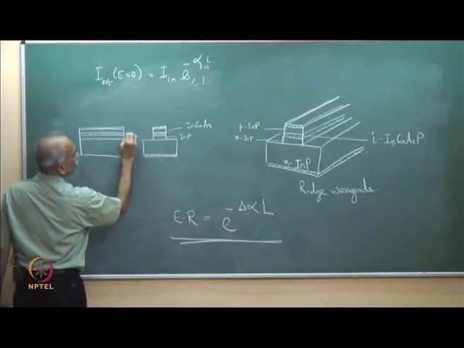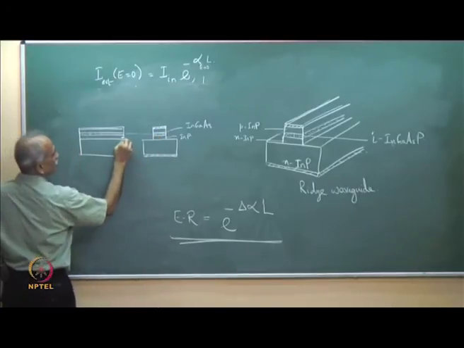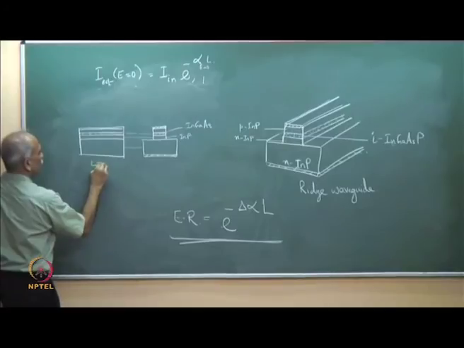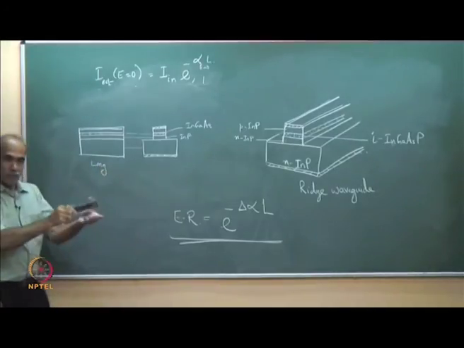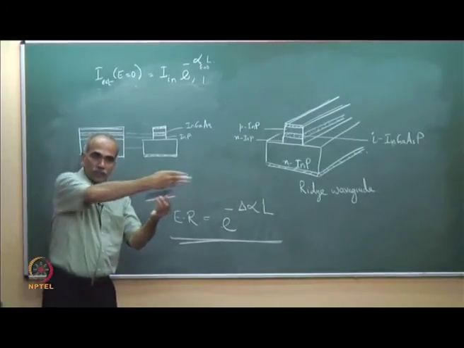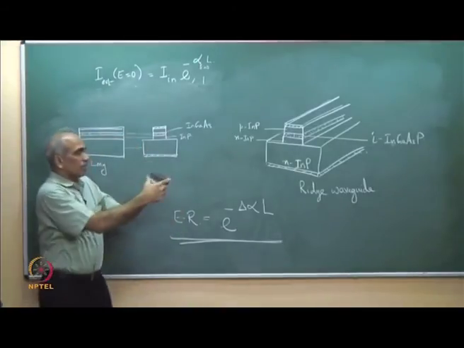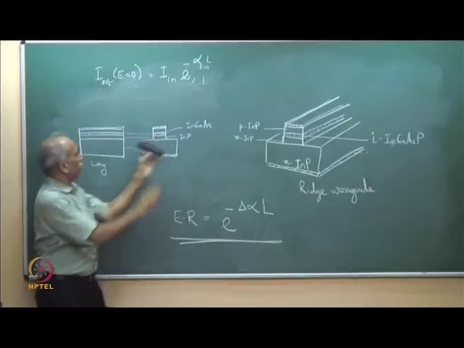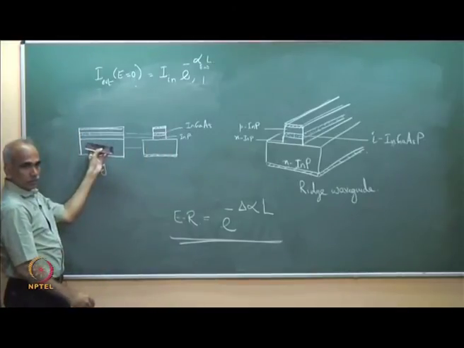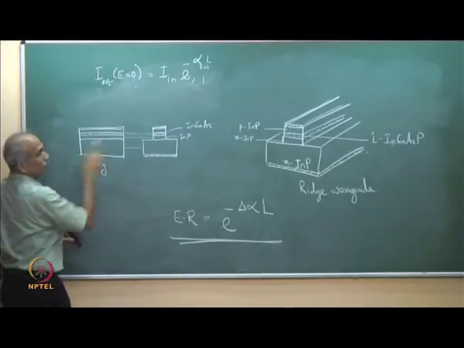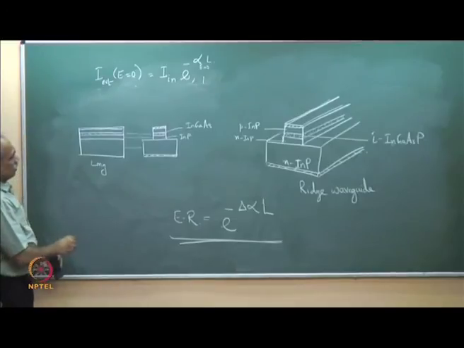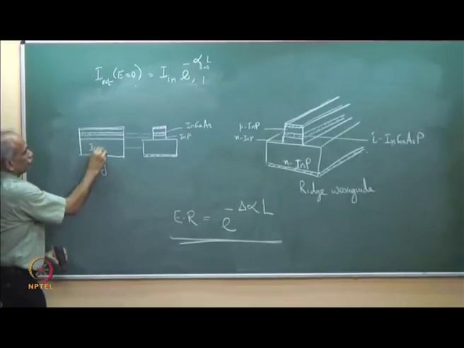See, this is the same as this, this is the same as this, this is the substrate. So, this is longitudinal cross section. This slice is like this and this slice is like this. So, one-to-one. So, this is indium phosphide.